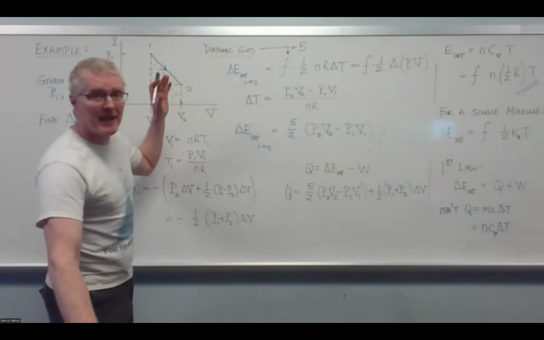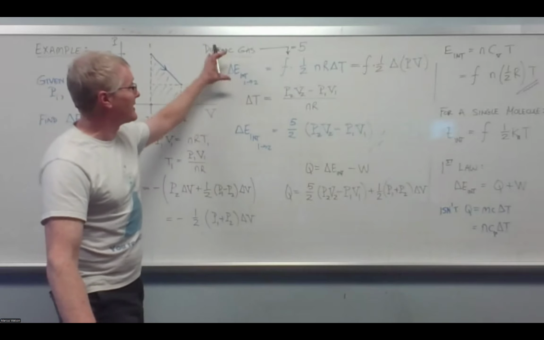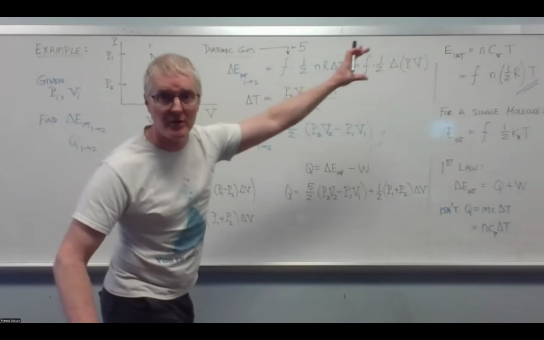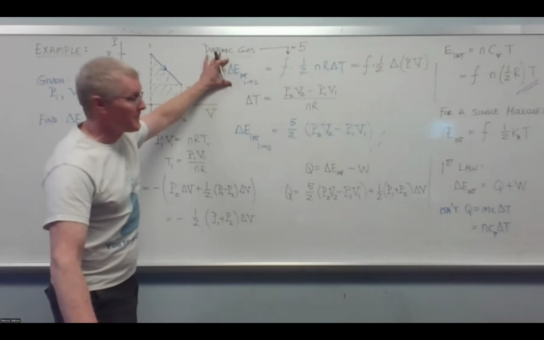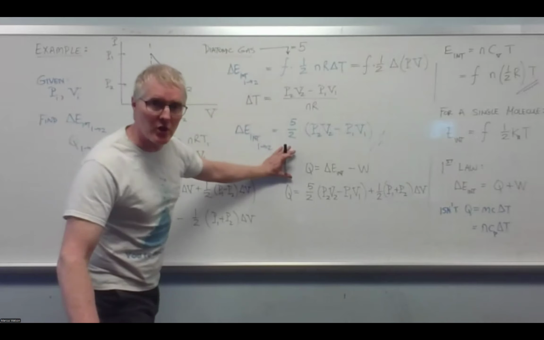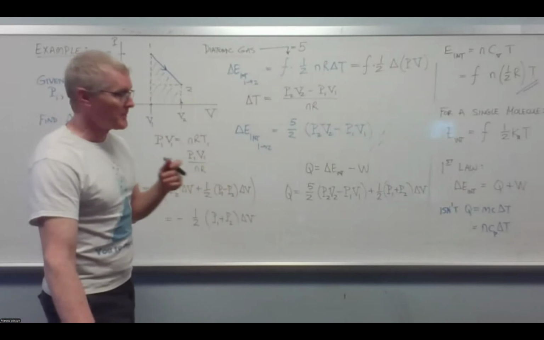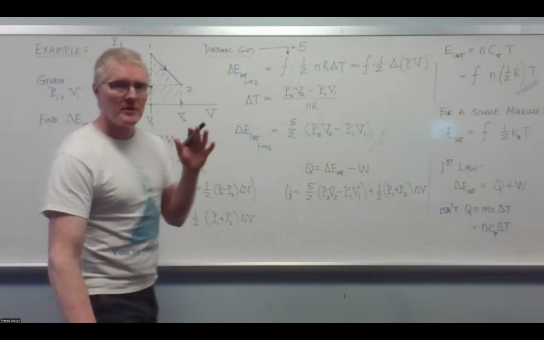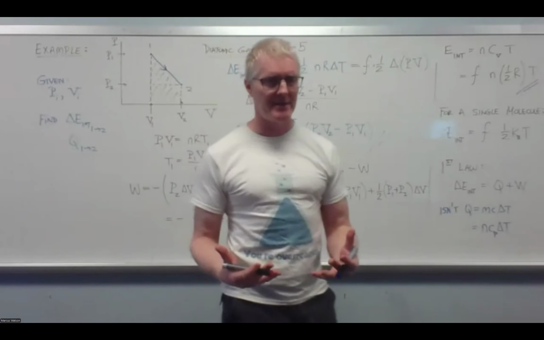I'm using the ideal gas equation of state to calculate a temperature difference, or a pressure volume difference, in order to get this delta E. I'm then using the first law, and I'm needing to calculate the work here in order to get the heat transferred.